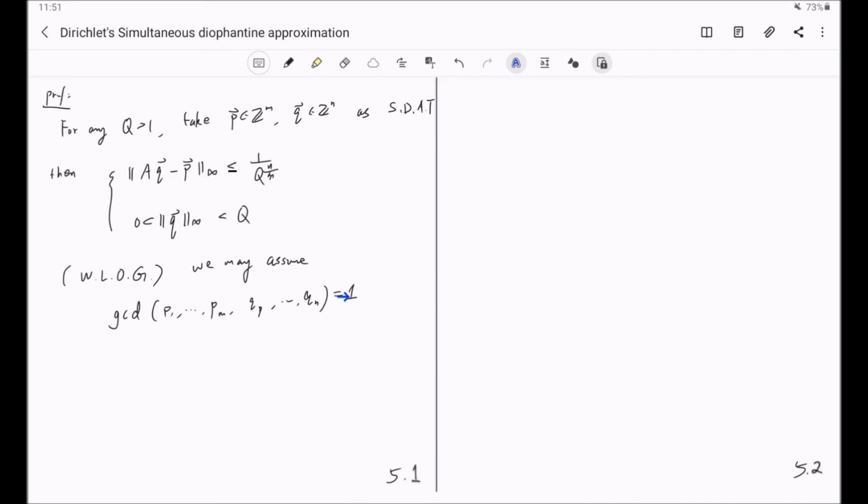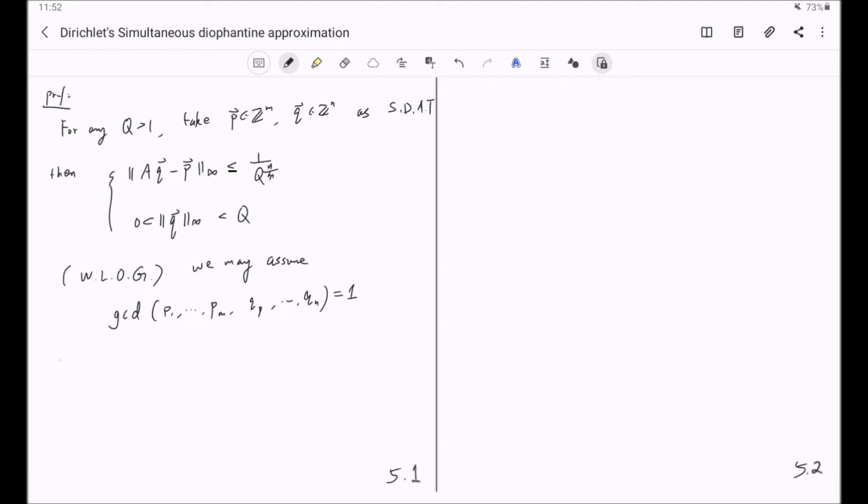Otherwise, if the GCD is not equal to 1, then you just rescale p and q. You just divide each component of p and q by the GCD, and you still get the same inequality, because in that way, you only shrink those parts.